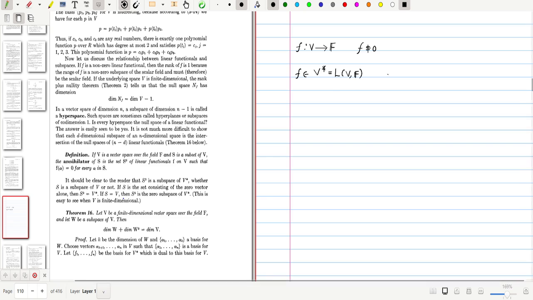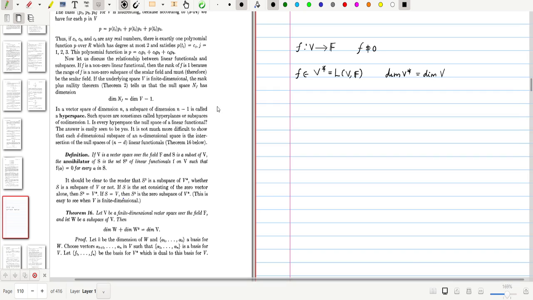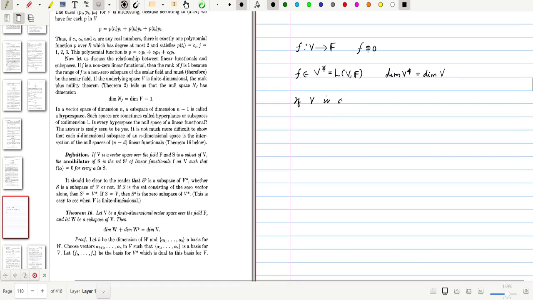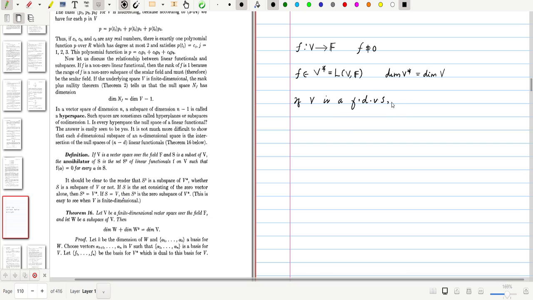We have seen in the last class that the dimension of V star is the same as the dimension of V. So if V is a finite dimensional vector space, we write the dimension of V as some n.